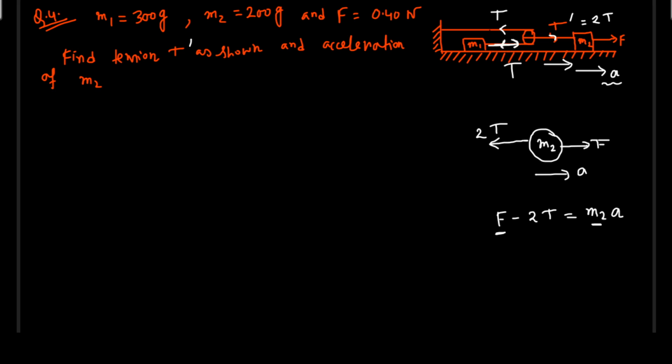For the mass m1, if we draw the free body diagram, along this direction it will experience a force T, but its acceleration will be twice, because here the force is 2T but we have taken the acceleration as A.